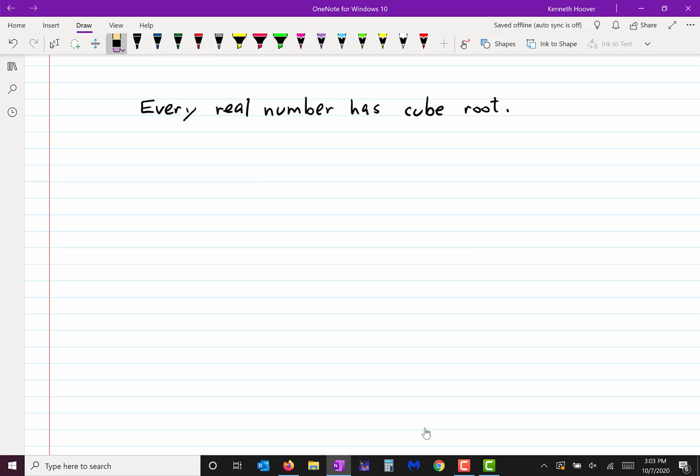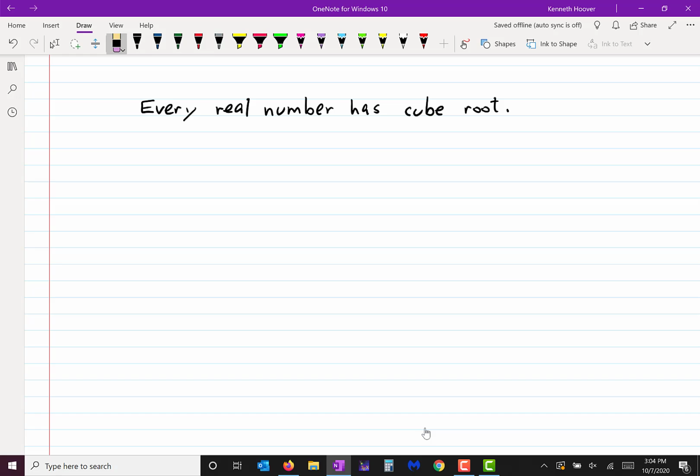It's saying there exists a number that is the cube root of x. So that very simple, unintimidating statement there, every real number has a cube root, is actually pretty complex. It's saying for every real number, there exists a real number that is a cube root of the first.